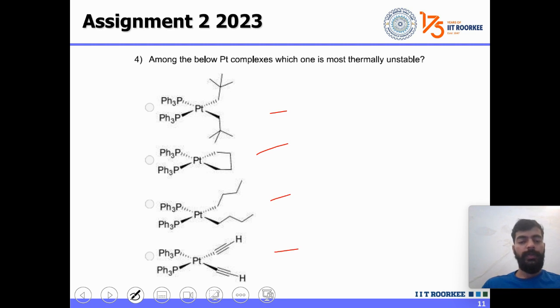This, or this? So if we see here, alpha, beta, alpha and beta here, alpha and beta. So if we correctly see here, no beta hydrogen.